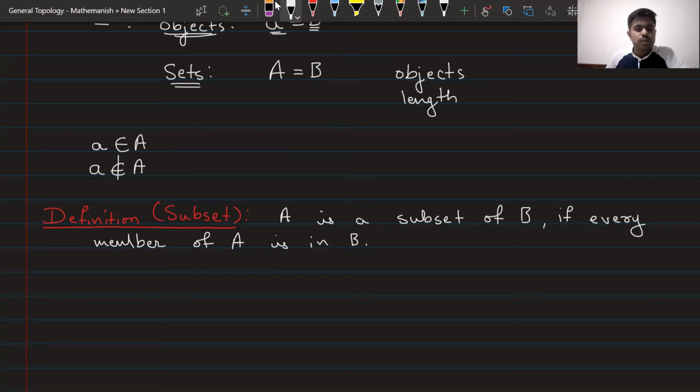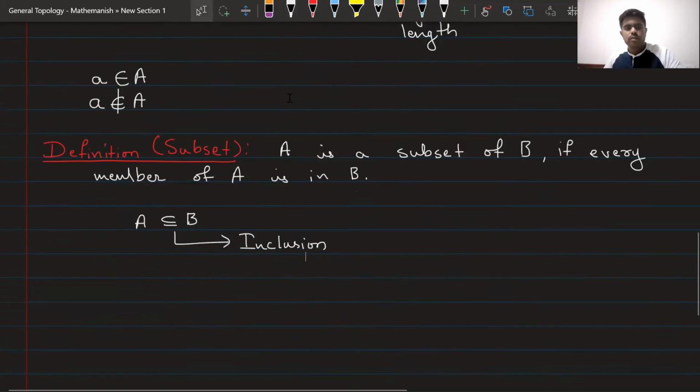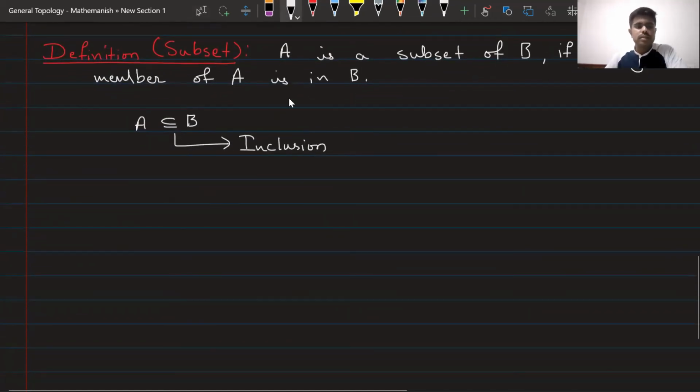Okay, so this is what is called a subset, and we denote this as A is a subset of B. This symbol is called the inclusion symbol. There are two types of inclusions.